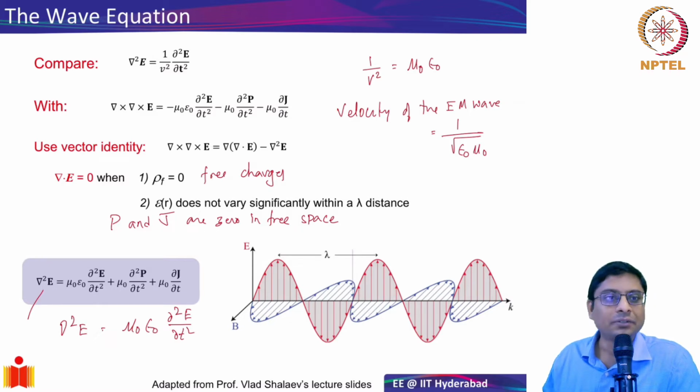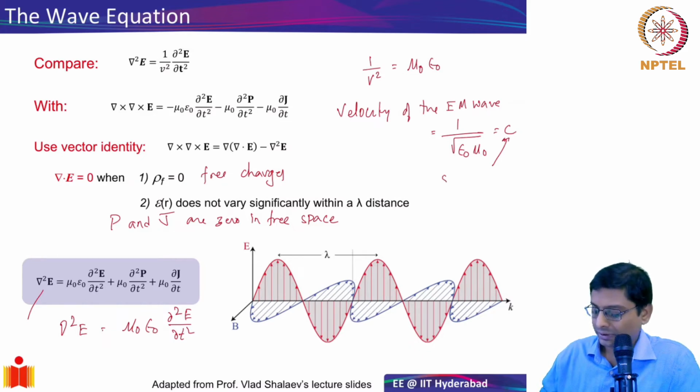We mentioned what epsilon naught and mu naught are in the earlier lecture. If you compute these numbers, you will end up getting the constant c, which is 3 times 10 to the power 8, the speed of light. So whenever you have electromagnetic waves propagating in vacuum, the speed with which they propagate is the speed of light, which depends only on the fundamental constants, permittivity and permeability of free space. So this is the speed of light.